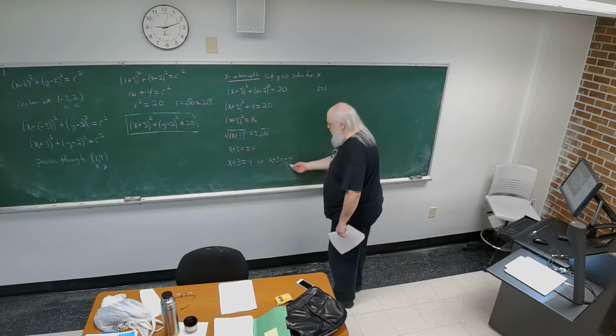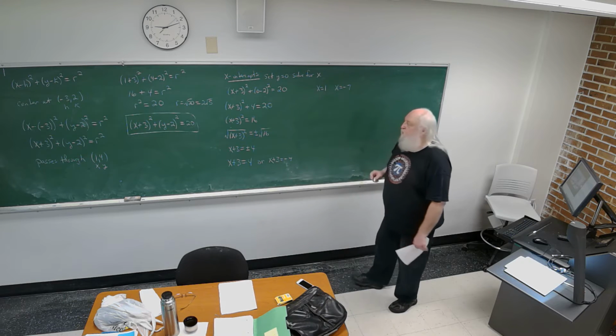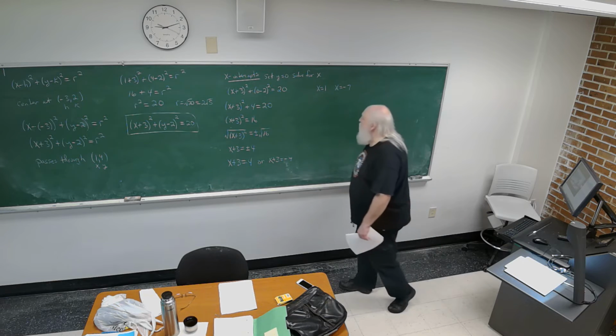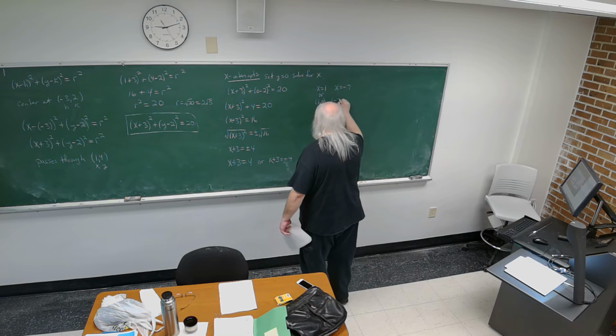And when you subtract 3 on both sides of the second equation, you get x is equal to minus 7. So the graph of this circle crosses the x-axis at x equals 1 and at x equals minus 7. You can write those x-intercepts as ordered pairs. The first one is 1, 0. The second one is minus 7, 0.